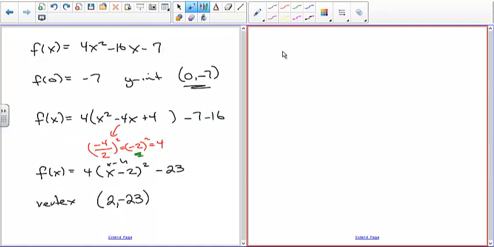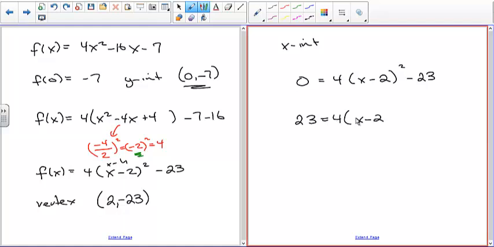Okay, now to find the x-intercepts, you set the equation in standard form equal to 0, and then solve for x. So we can add 23 to both sides. That'll end up with that.